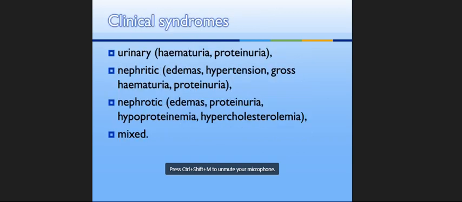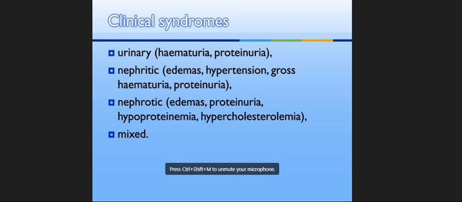In clinical syndromes, we have urinary points such as hematuria or proteinuria. In nephritic syndrome, we have edema, hypertension, gross hematuria, and proteinuria.